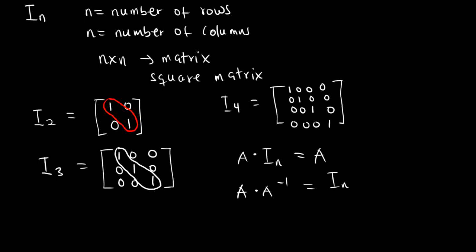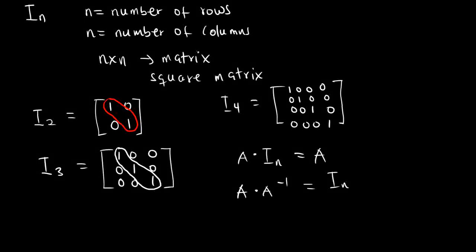In real numbers, I know that if I have a number, say 6, and I multiply it by 1, I'm going to get 6. And the inverse of the number 6 will be 1 over 6, or 6 to the power minus 1.